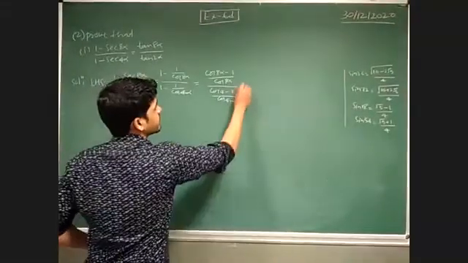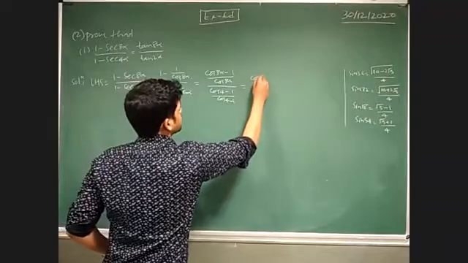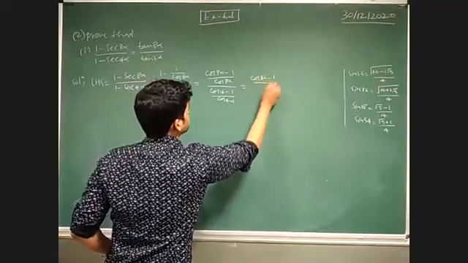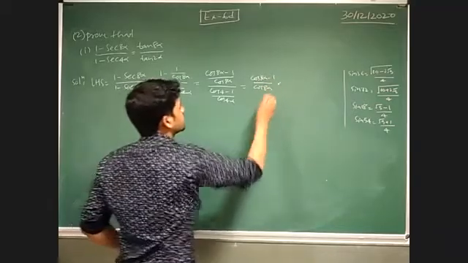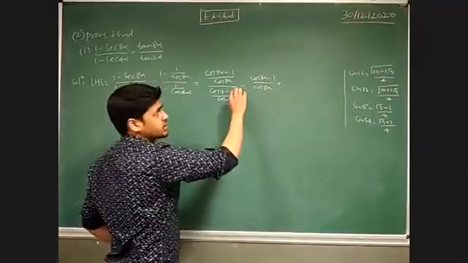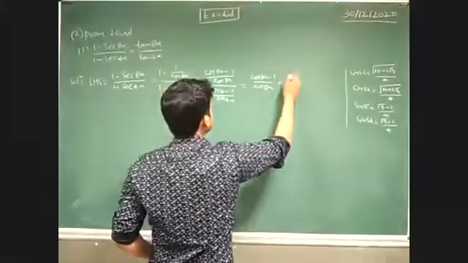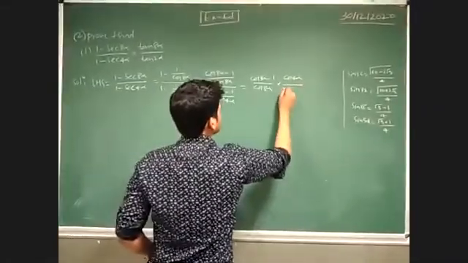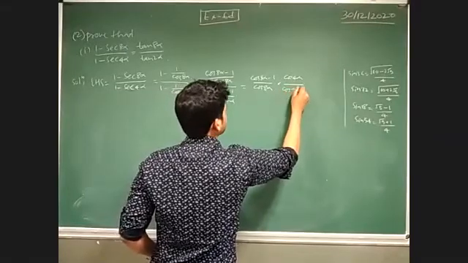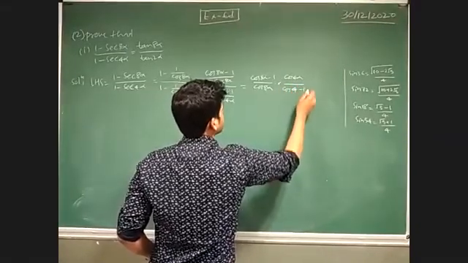Now you can write this as (cos 8 alpha minus 1) by cos 8 alpha into, taking this to the upper side, cos 4 alpha by (cos 4 alpha minus 1).